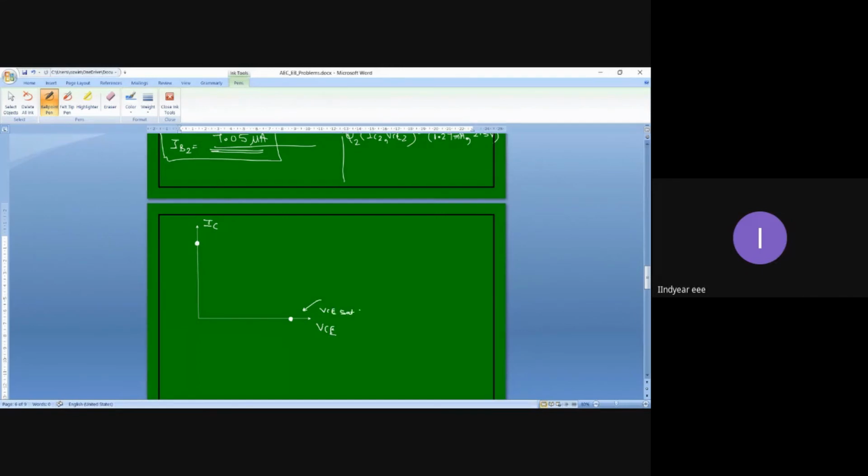VCE saturation is 10 volts. And IC saturation is VCC divided by RC plus RE. So 10 divided by 5.9 is 1.7 milliamperes, the IC saturation.